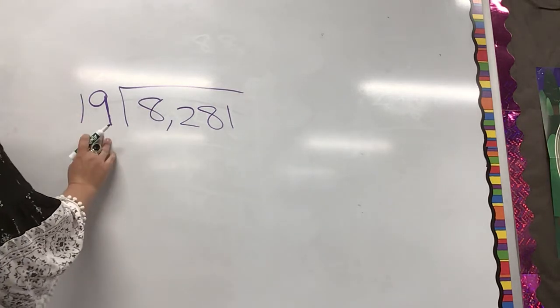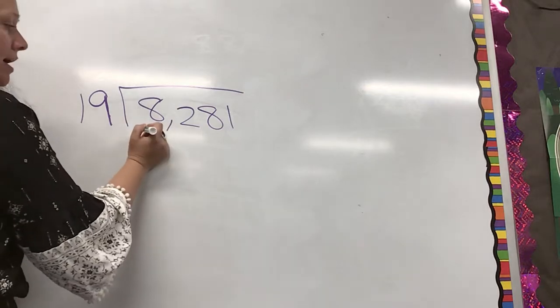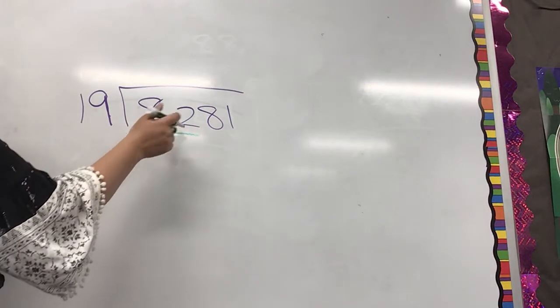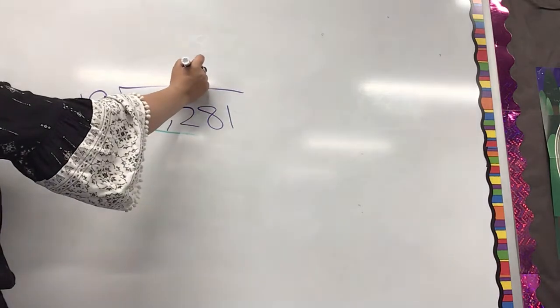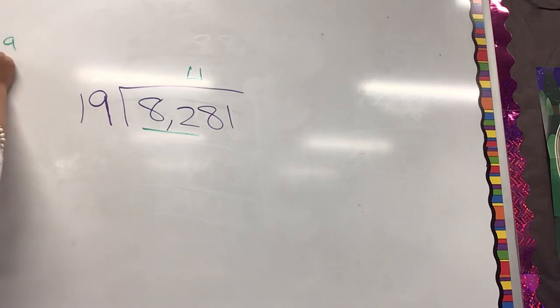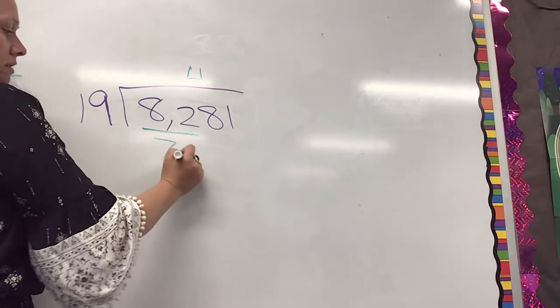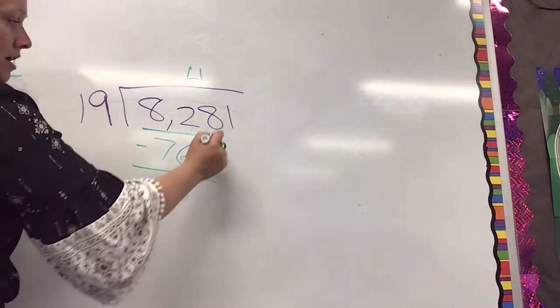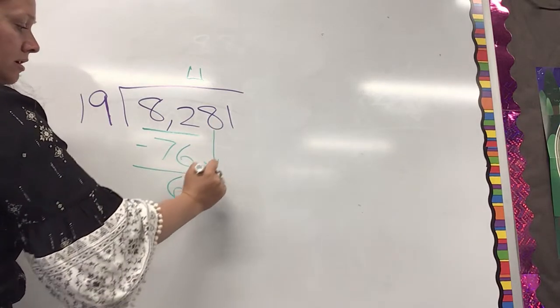Can I do 8 divided by 19? What about 82 divided by 19? How many times does 19 go into 82? 4 times. Because, come off to the side, 19 times 4 is what? When you subtract 82 minus 76, you get, so now you need to bring down your 8.